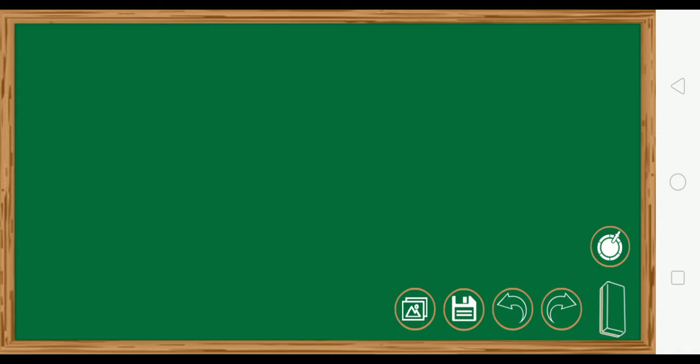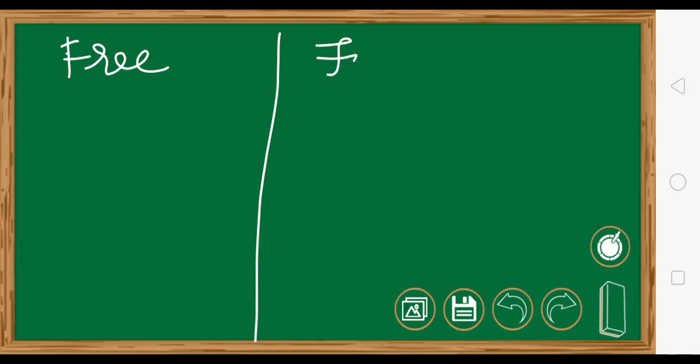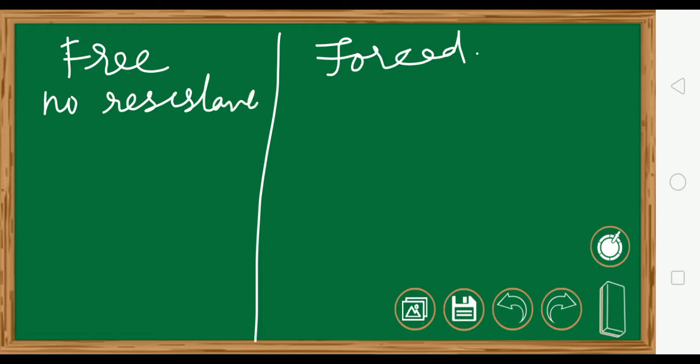Now in your book they have given you the distinction between free vibration and forced vibration. Free vibrations don't have any resistance, so there is no resistance. Whereas forced vibrations are having resistance, they are always being resisted.